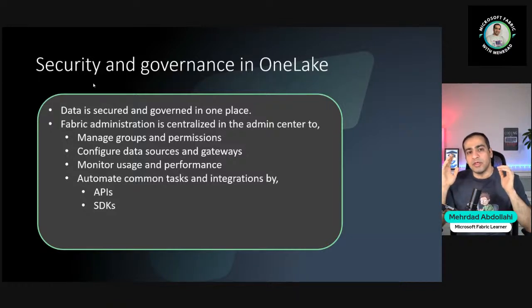Fabric admins can configure the data sources and gateways where we are pulling the data from. They can monitor usage and performance. And also there are some KPIs and APIs and SDKs for doing automation in Fabric.